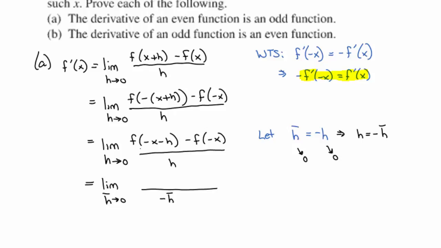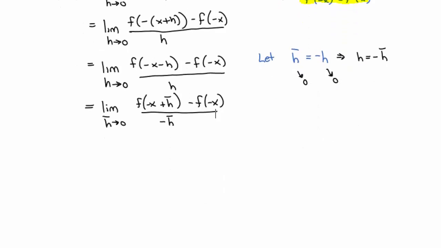And upstairs, I have f of negative x, and a negative h, again, is just a positive h bar, minus f of negative x. Let me factor the negative out front from that denominator, and I get the negative limit as h bar is approaching 0 of f of negative x plus h bar minus f of negative x all over h bar.